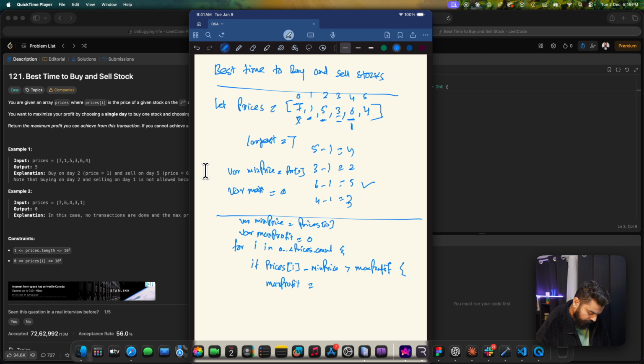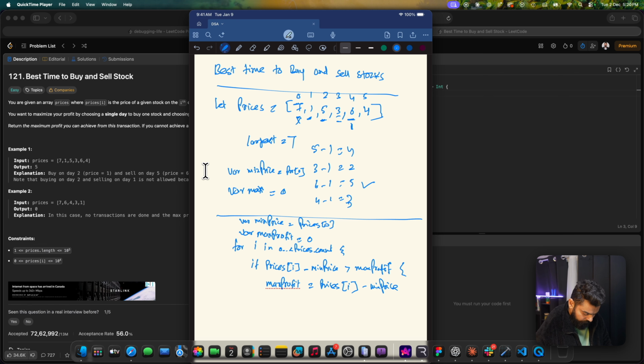Profits are only 4. So here I'll do prices i, which means whatever value we are getting, minus min price, the price that I have invested.